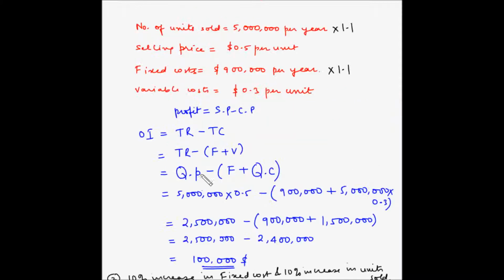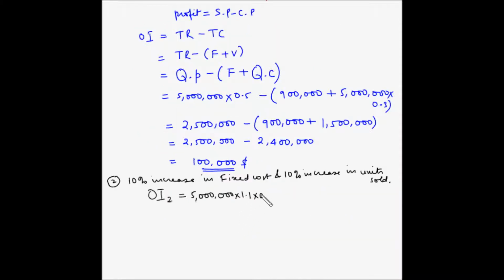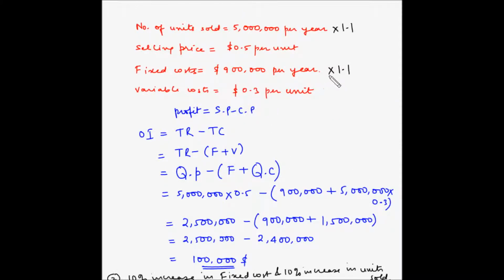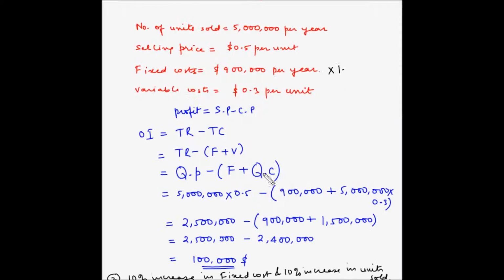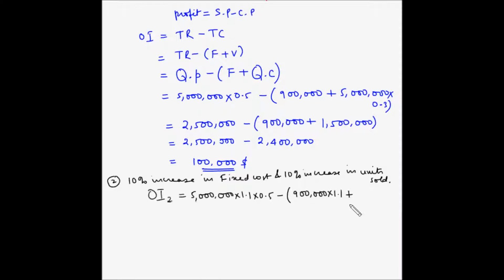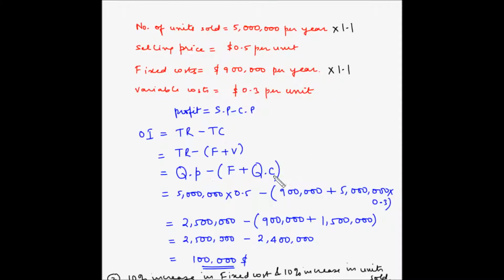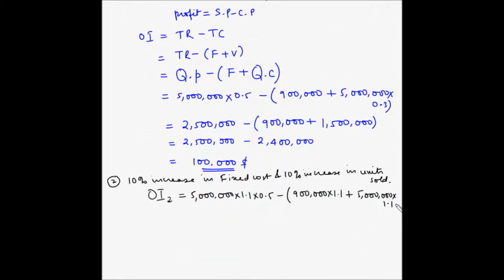This is Q, and then multiplied by P, which is the same 0.5, minus the fixed cost, which is 900,000 multiplied by 1.1, plus Q, which is again 5 million multiplied by 1.1, multiplied by C, which is the variable cost, which is $0.3 per unit. So this multiplied by 0.3.